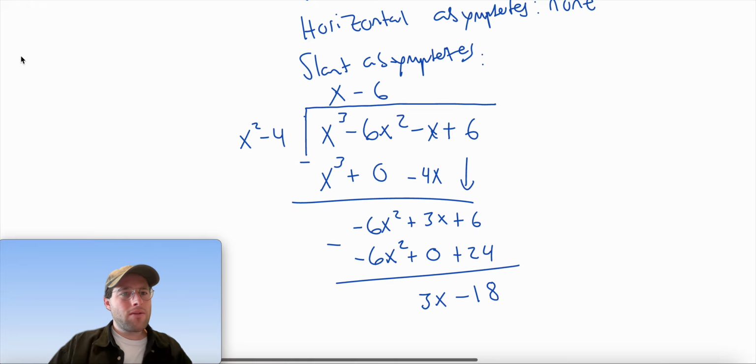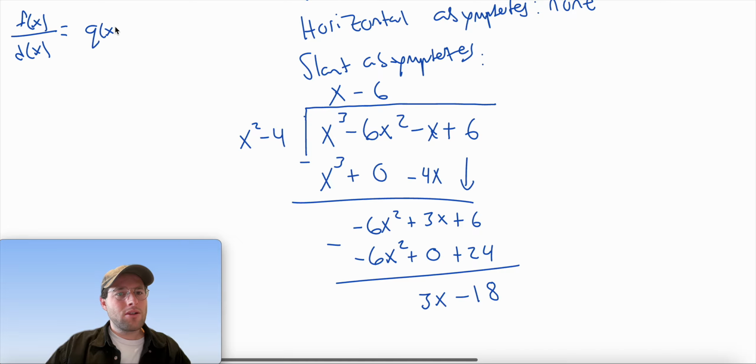And so I'm going to write over here that in general, when we have long division, we have something in the form f of x over the divisor d of x equals q of x, our quotient, plus r of x over the divisor d of x, where r of x is our remainder.